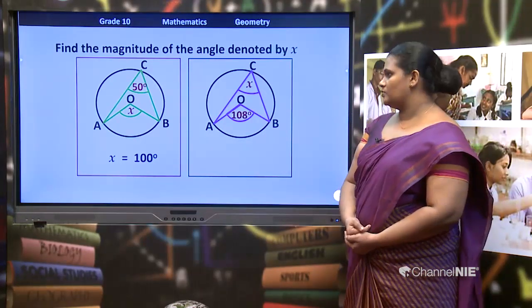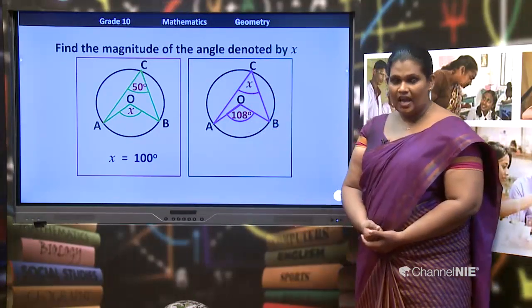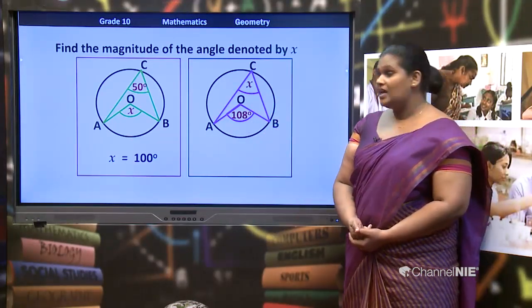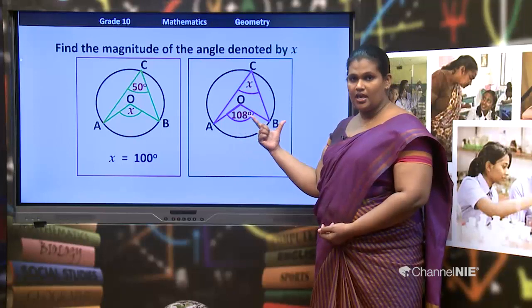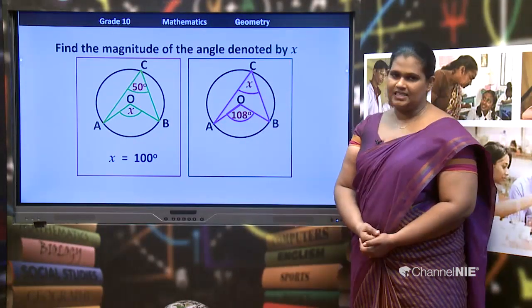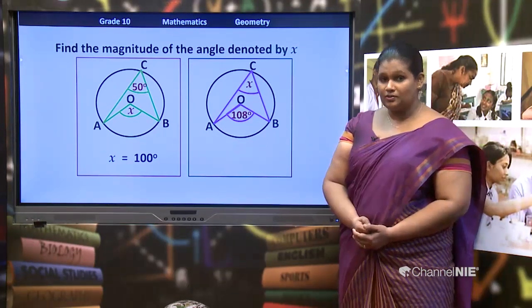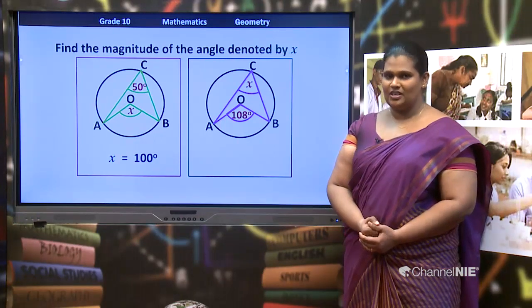And we can observe angle ACB is the angle subtended by the same minor arc AB on the remaining part of the circle. Right. Once again, we can relate this to the theorem we have learned previously.